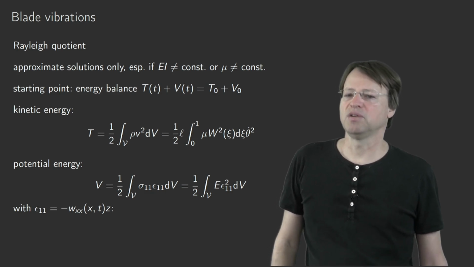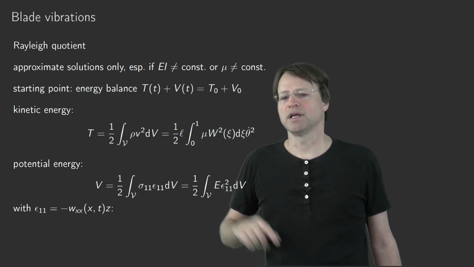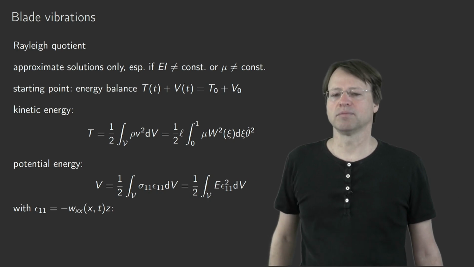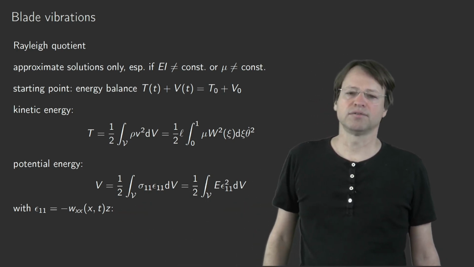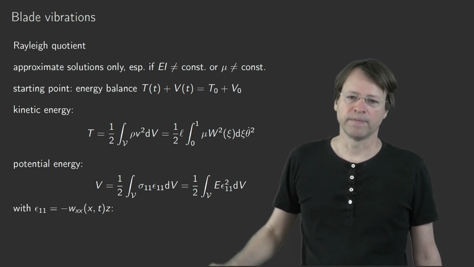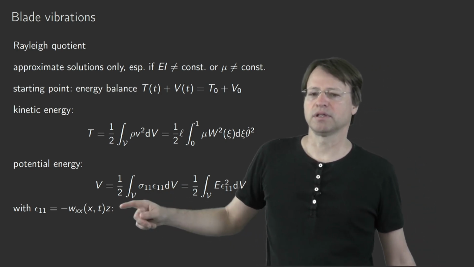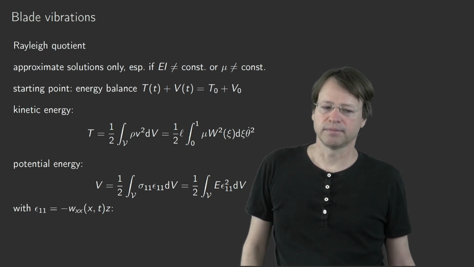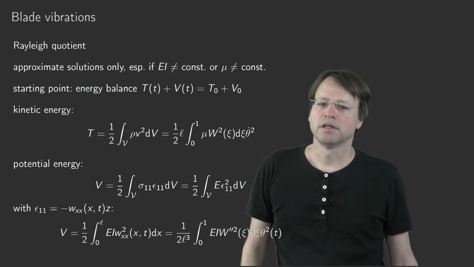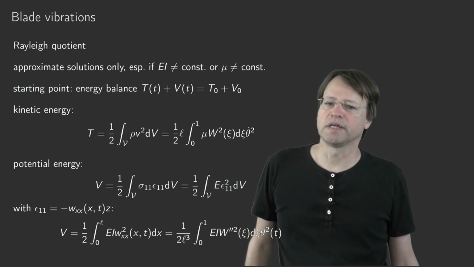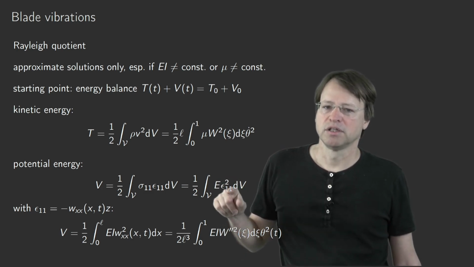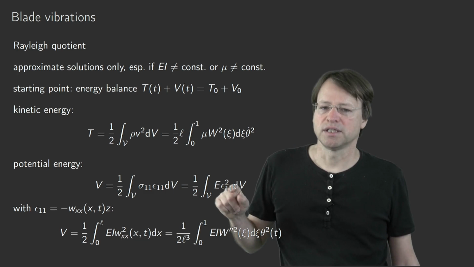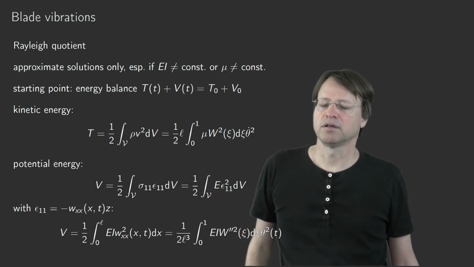You insert for ε11 minus w,xx z, the relationship for beams between strains and the second derivatives of the displacements, a linear relationship when it comes to the change in z. And then you also integrate out the result, so you would have, because it's squared, plus w,xx squared z squared, the integral over the volume.